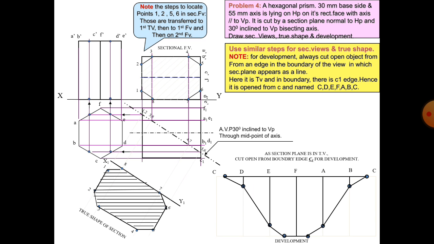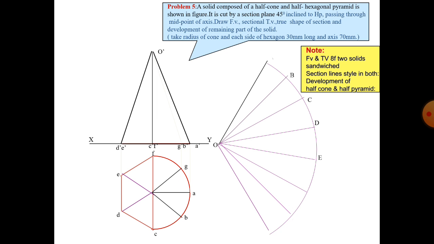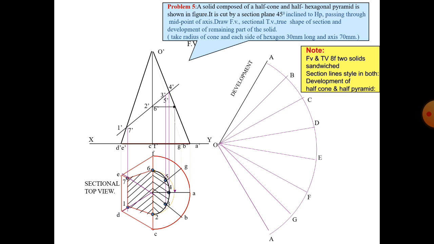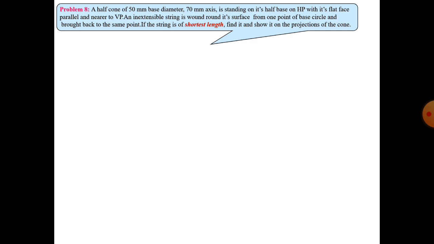Next is the same with a hexagonal pyramid, shown by some procedures. So let's see its development of surfaces. Mark the points, join the lines with the help of curves, showing curves of intersection.